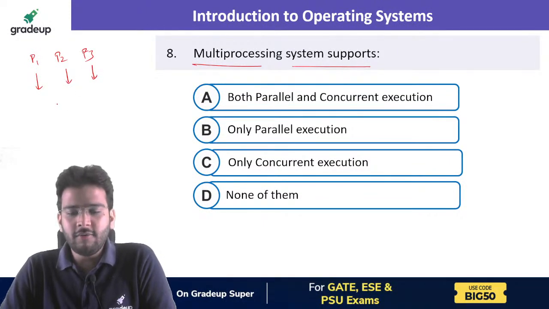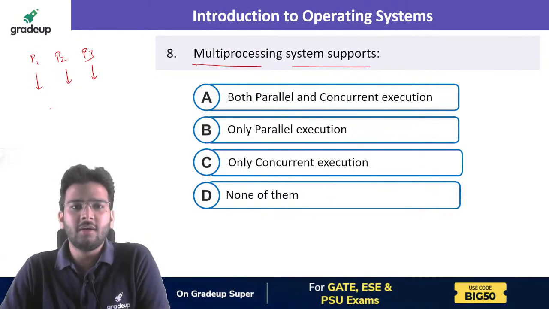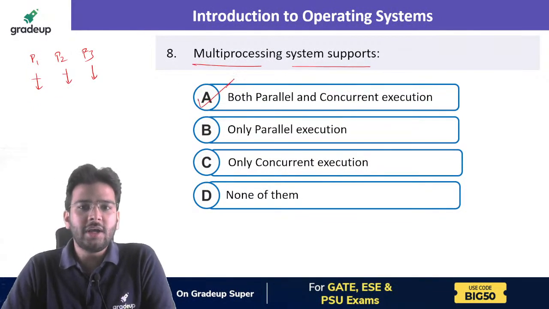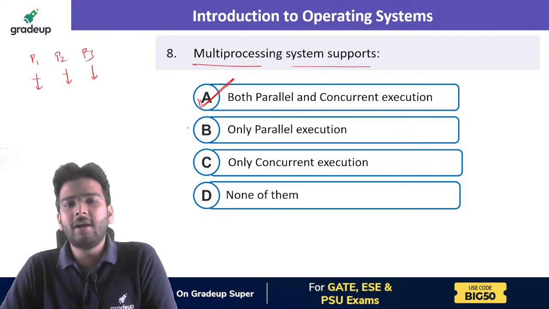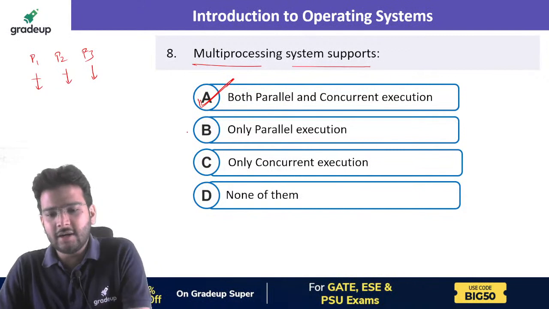But is it always that we are going to have parallel execution only? Concurrent execution not possible? What do you think? Yes, definitely concurrent execution is also possible here, right? You can switch in between as well. That is also possible. Clear? So option A is the correct answer here. Both parallel and concurrent executions are possible here. Yes, exactly, Raja.